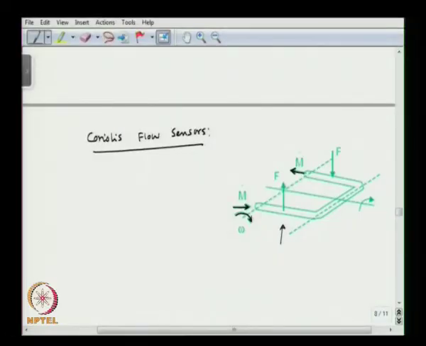Okay. As the tube oscillates up and down, it is going to get a bending in the other direction, okay, that is known as the Coriolis force. Okay. So, as you can see here, the tube is hinged around here, there is mass flow rate m dot going in, m dot coming out, and this tube is going to move up and down at some frequency, and when it does so there is going to be Coriolis force developed in this direction.